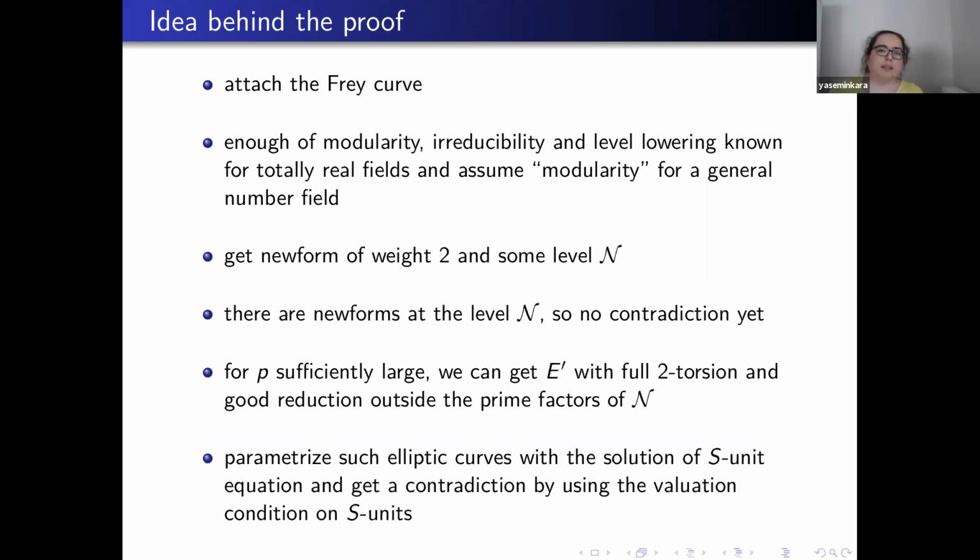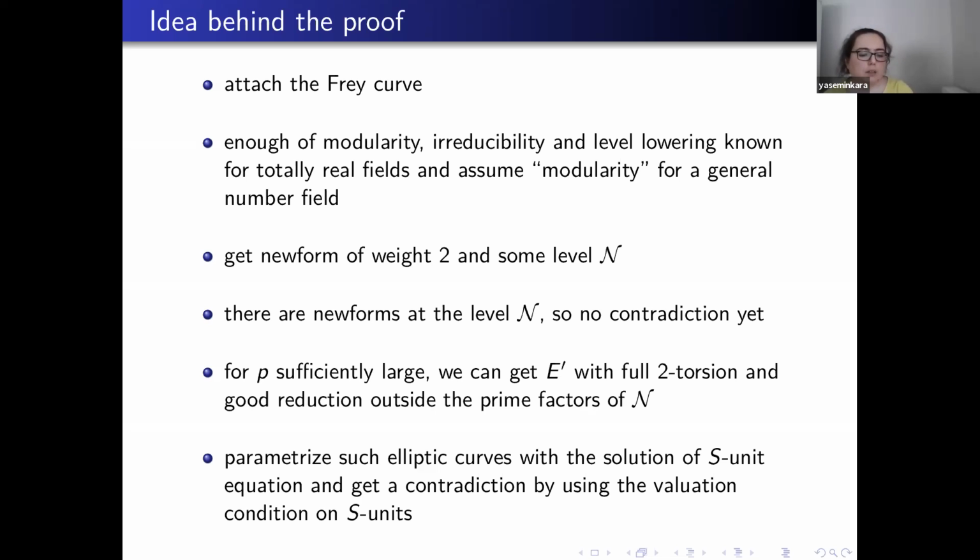So what is the idea behind the proof here again? You attach the Frey curve, and if you have a totally real field, as I said, you have modularity, irreducibility, and level lowering. But if you take a general number field, of course, you don't have modularity, so you assume it.